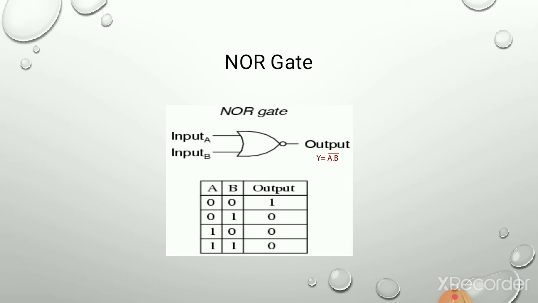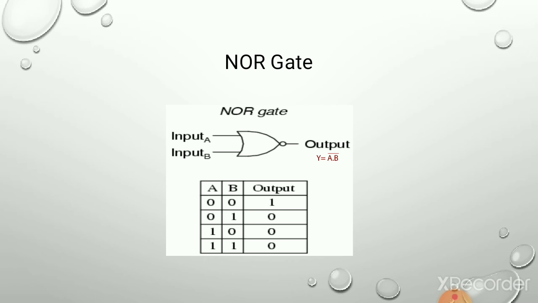The truth table of a two input NOR gate is also shown in this figure, which shows that the output of a NOR gate is high if and only if all the inputs are low simultaneously. The output of a two input NOR gate is low if any one or all the inputs are at high level.